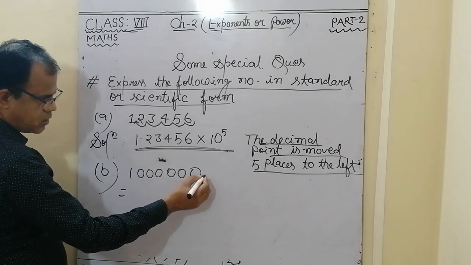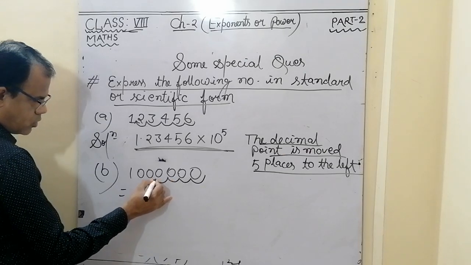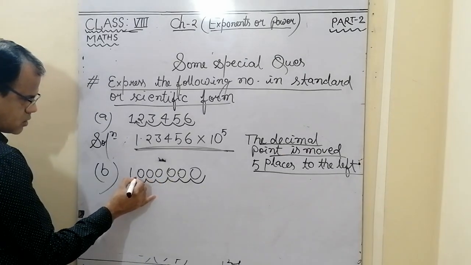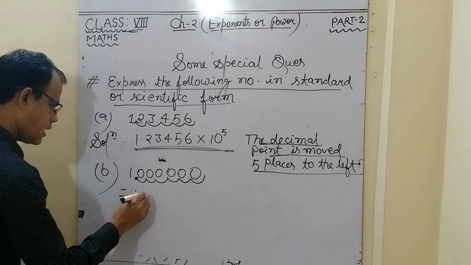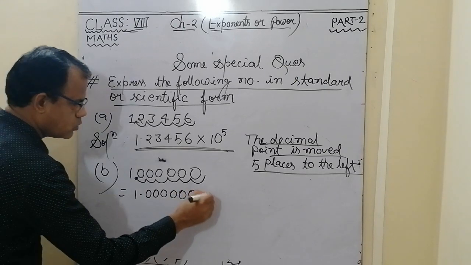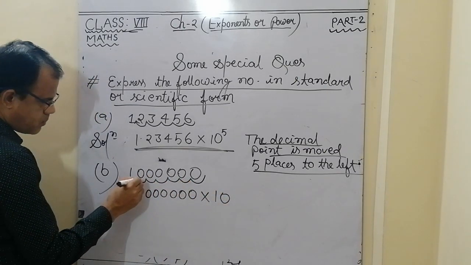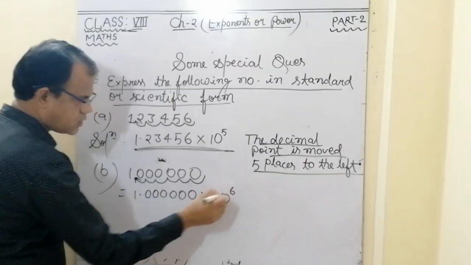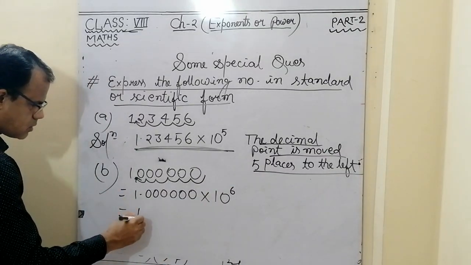Suppose the point is here, so it moves one place, 2, 3, 4, 5, 6 places here. So we can write like that, into 10 to the power. How many places are there? 6 places. So we write here 6.